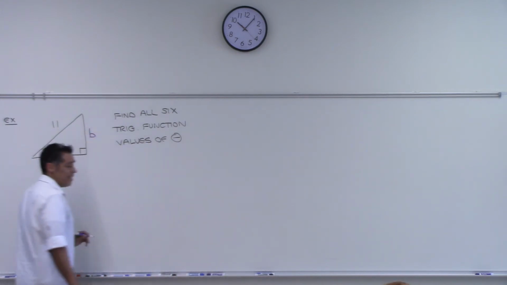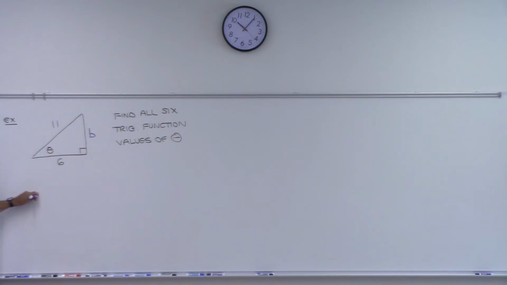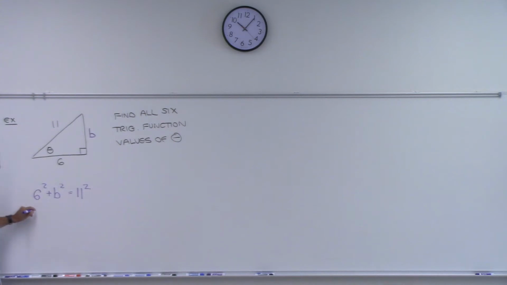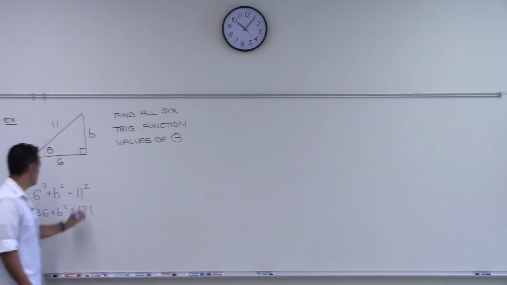All right, let's use our Pythagorean theorem. 6 squared plus B squared must be 11 squared, right? Which means 36 plus B squared is 121, right? Subtract 36 on both sides.